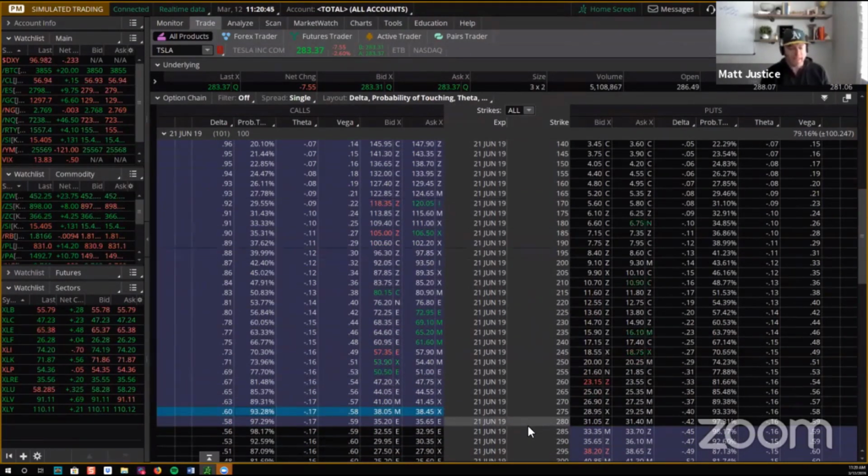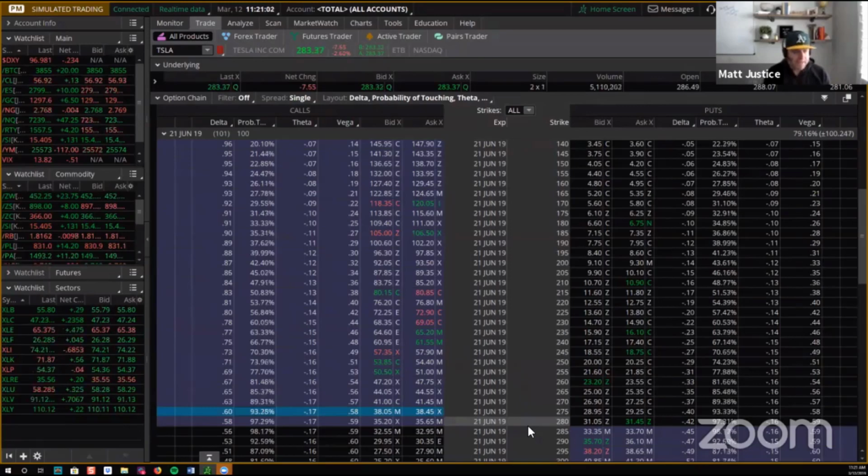Well, what delta defines is that per a $1 movement in the stock. So if Tesla goes from 283.29 to 284.29, for example, the value of my option does not go up $1. The value of my option actually goes up at the rate of delta, which is 0.60.